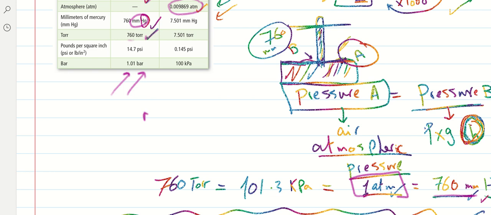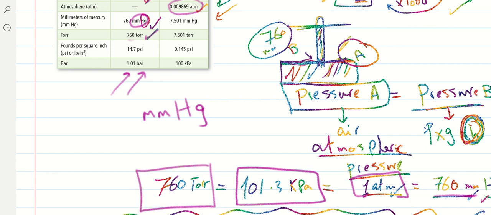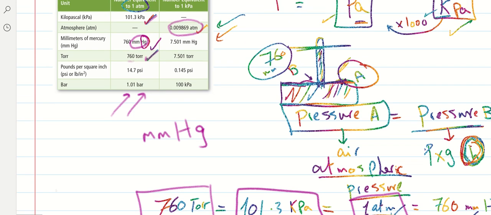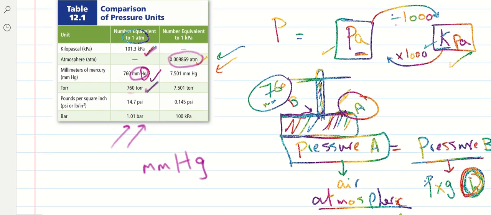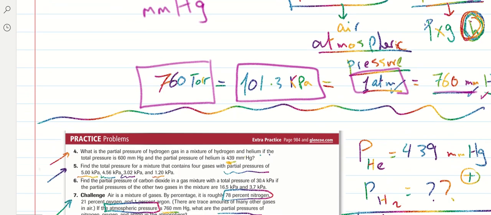That is how we represent millimeter mercury. Okay? And equals 101.3 kilopascal and equals 760 torr. You have to memorize this table. Okay? So this is to memorize.